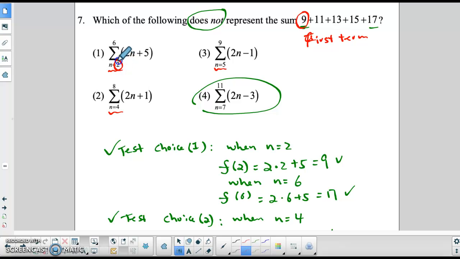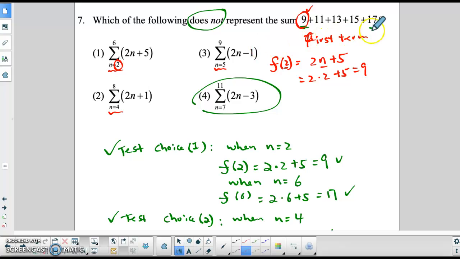So you start with n equals 2, and this is your formula. You substitute n with 2, and that gives you 2 times 2 plus 5, and that is 9. So that means this one worked.